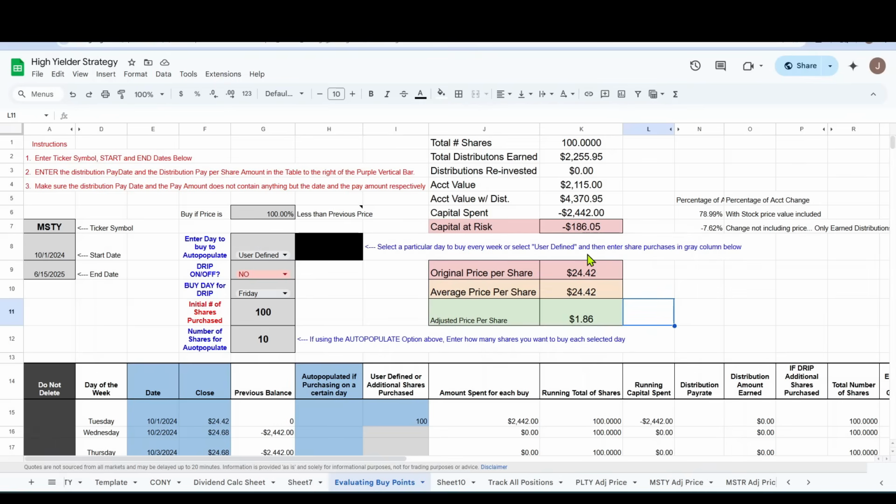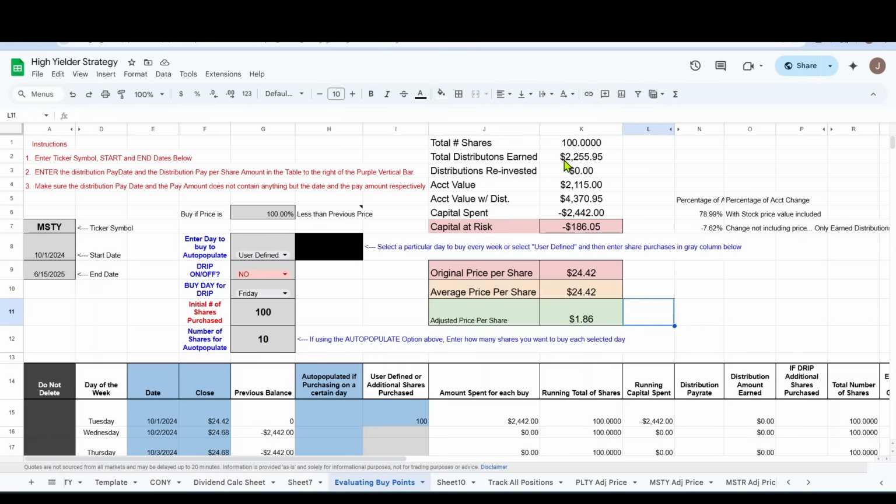Now, the reason I say that the share price does matter is because that was a purchase of $24.42. And if we bought it before or after that date, at a higher price or a lower price, because if it's a lower price than $24.42, then our capital at risk will drop even more. And we may even go positive. And what would be that price that we would be looking for?